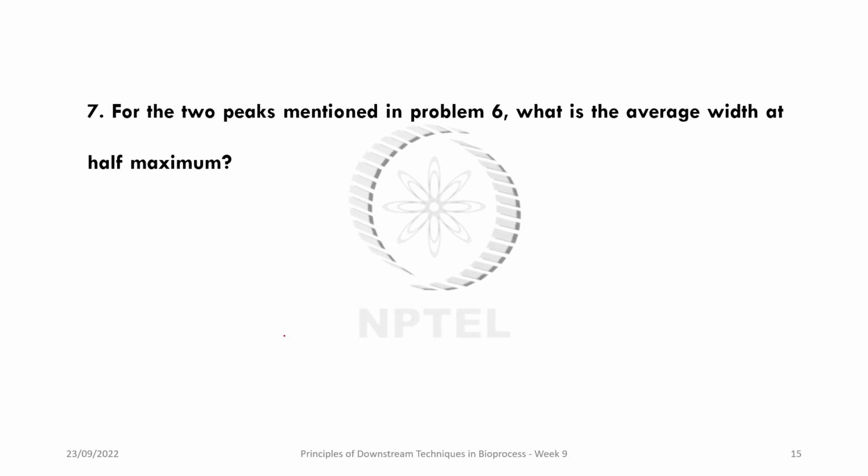Going to question 7. For the two peaks mentioned in problem 6, what is the average width at half maximum? Okay, so they're asking you this, and we derived something, right?